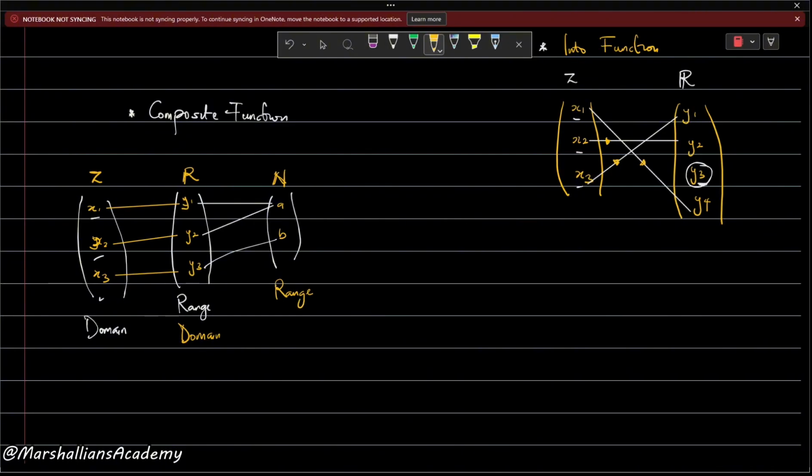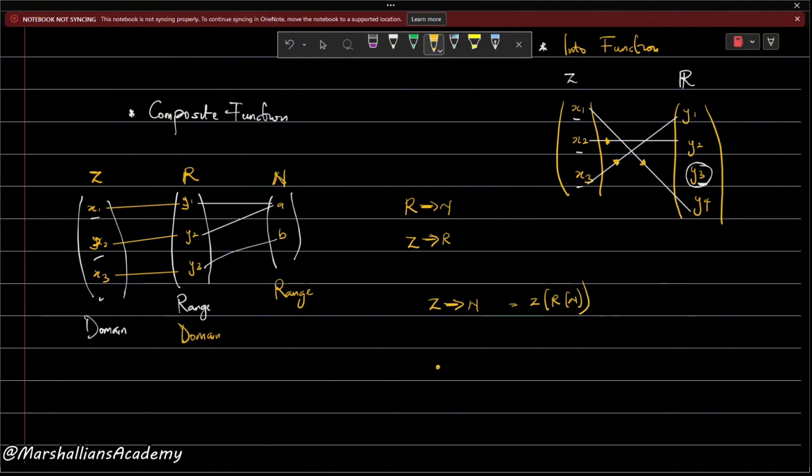Therefore, see this function R of N exists inside Z of R, and that's why we call it a composite function. So the function Z of N is a composite function of Z of R of N. Does this make sense?